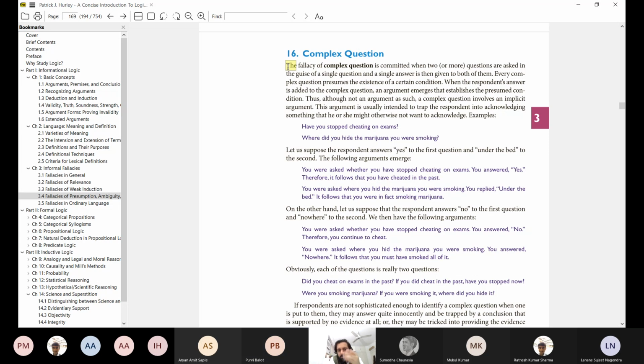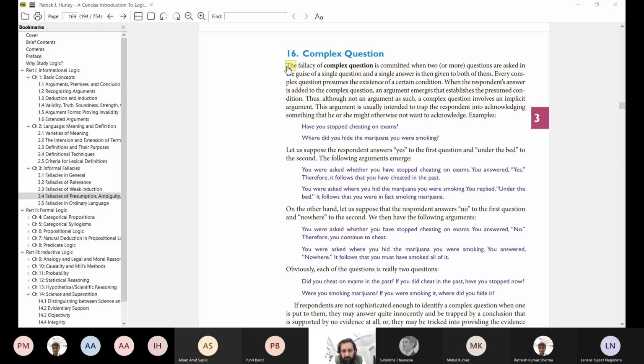Yeah, good example. You can see, have you stopped cheating in your exams? We've seen a bunch of those kinds of examples. So in a complex question, you presuppose the existence of some condition. You don't explicitly state it, right? The condition being, let's say, that you were beating your wife or that you do have drugs. And if the condition holds, then the question makes sense.